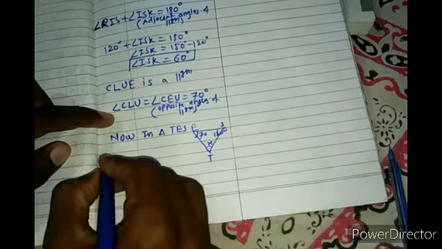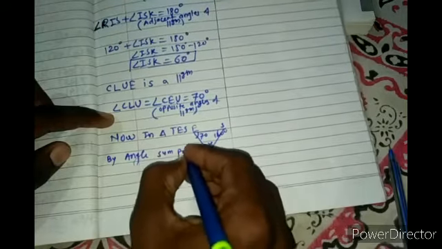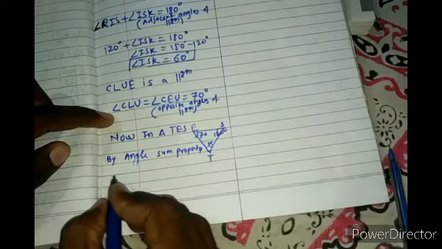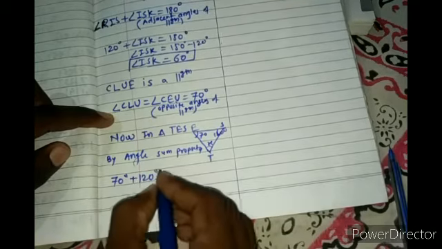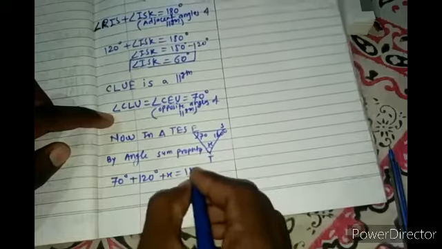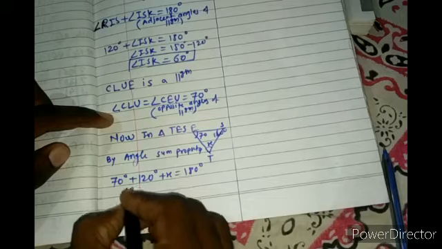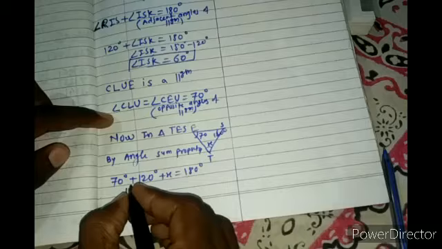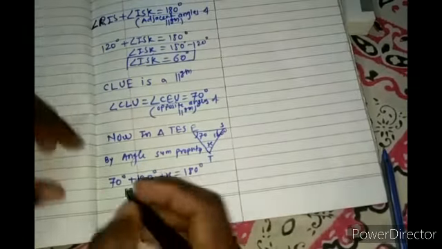So by the angle sum property, what is the angle sum property? The summation of all the angles is equal to 180 degrees. 70 degrees plus 120 plus x is equal to 180 degrees.